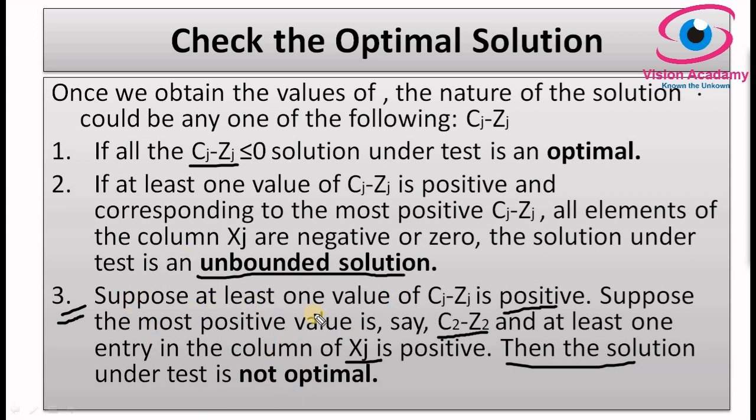One thing is clear. Suppose at least one value of Cj minus Zj is positive. Suppose the most positive value is C2 minus Z2, and at least one entry in the column xj is positive, then it is not an optimal solution. You want to improve that solution. I will show you how it works in the initial simplex table.